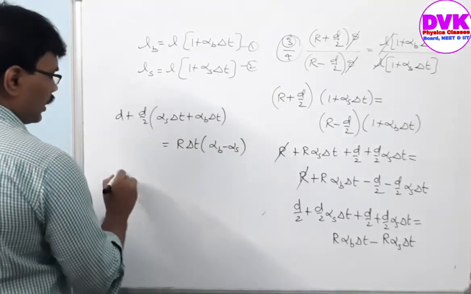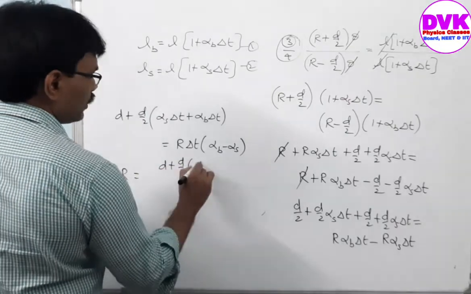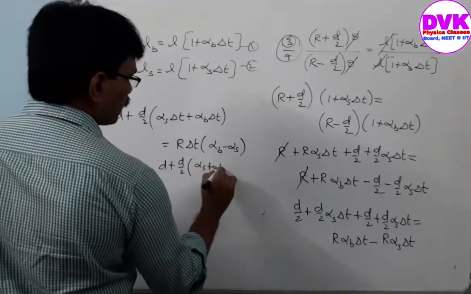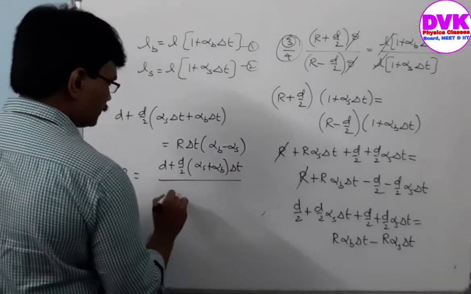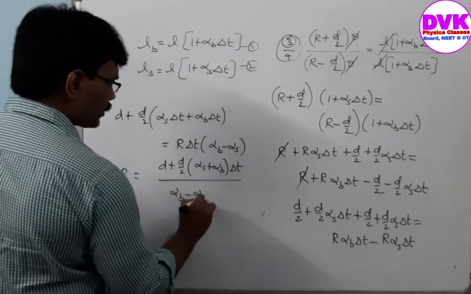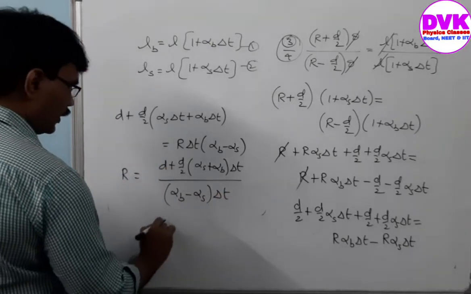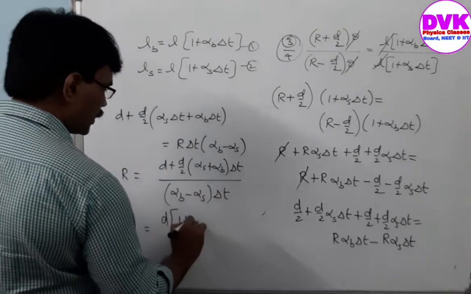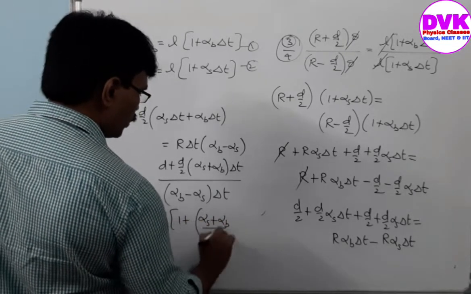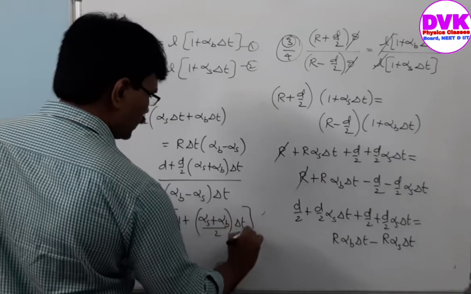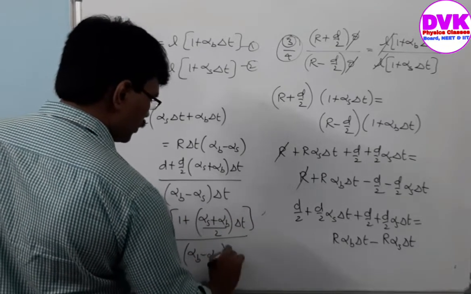Okay, now r is equal to d plus d by 2 into (alpha s plus alpha b) delta T divided by (alpha b minus alpha s) into delta T. If you take d common in the numerator, 1 plus (alpha s plus alpha b) by 2 delta T divided by (alpha b minus alpha s) into delta T.